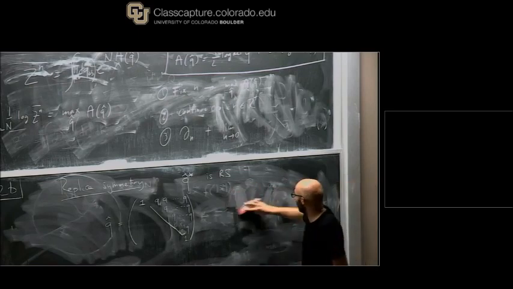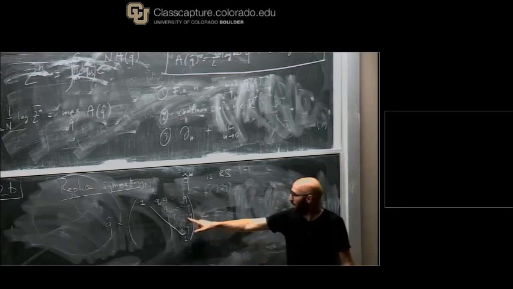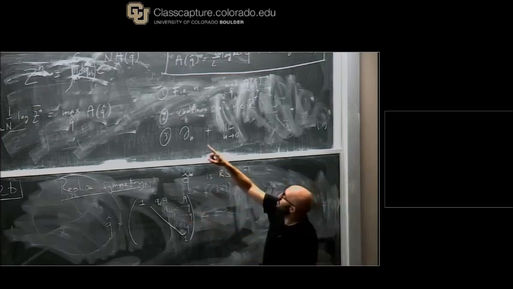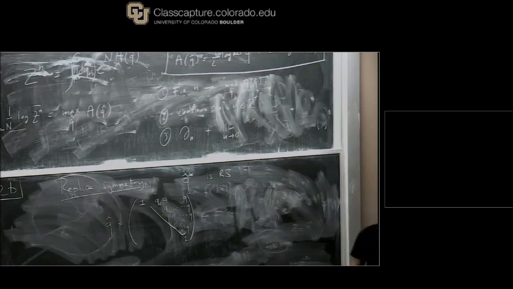So now the problem is very easy, because now I have only 1 number. So I can put this into the function A of Q, and I can see what happens.